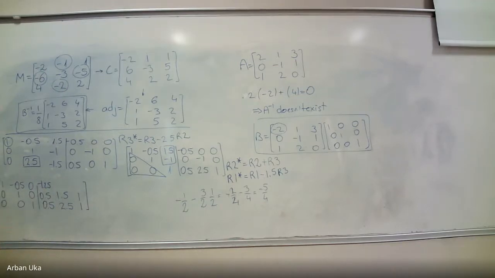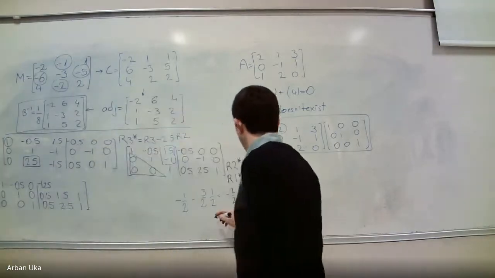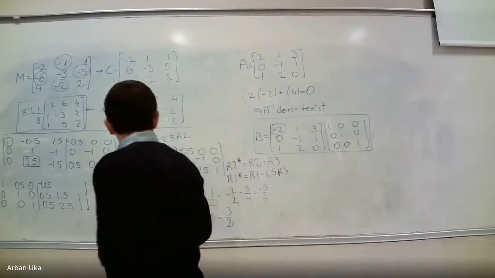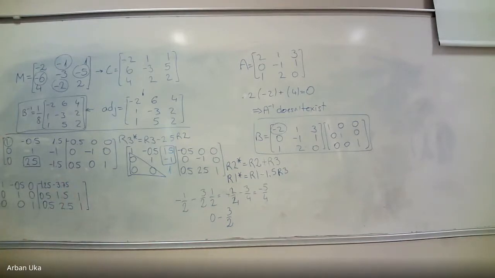But then here we have row 1 minus row 1, this is 0, minus 3.75, okay, and here this one, minus 3.75, okay, what is the last one?